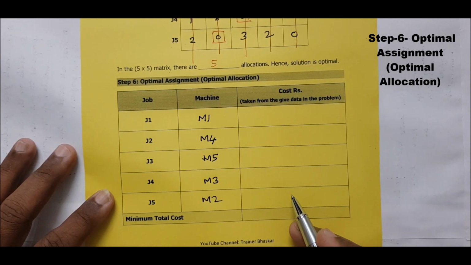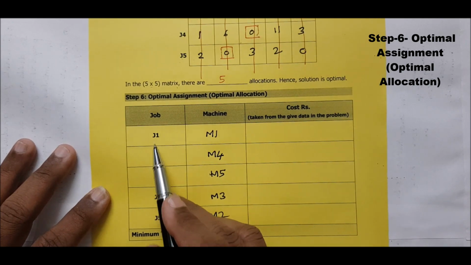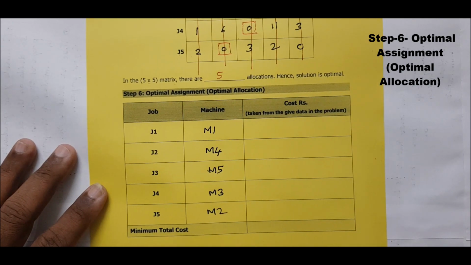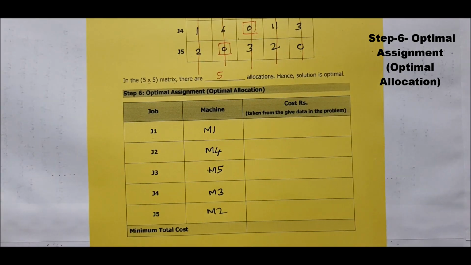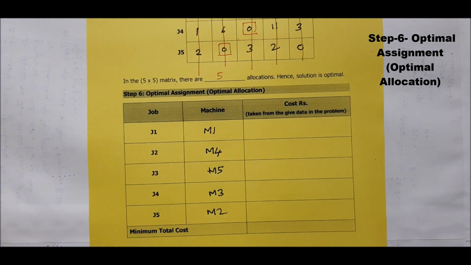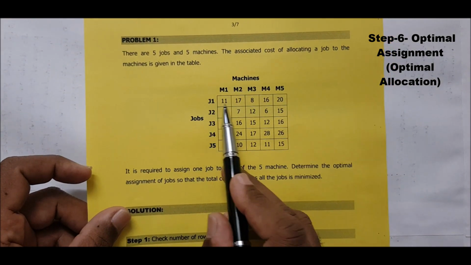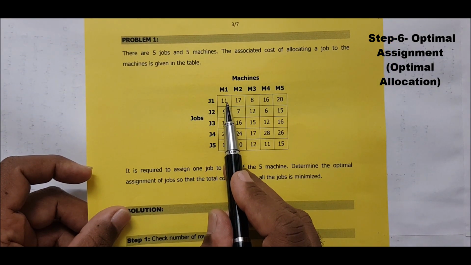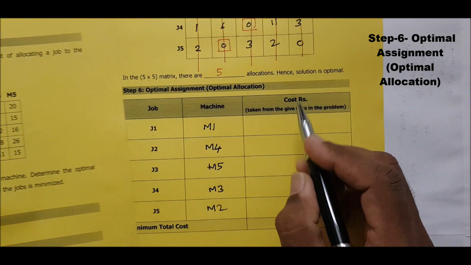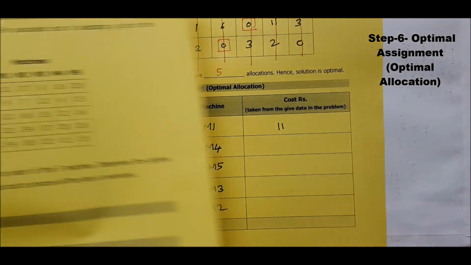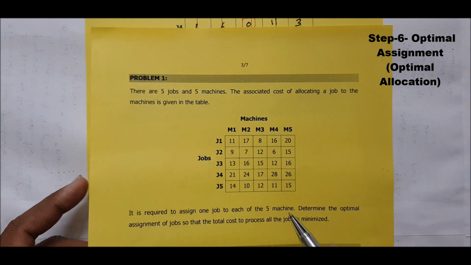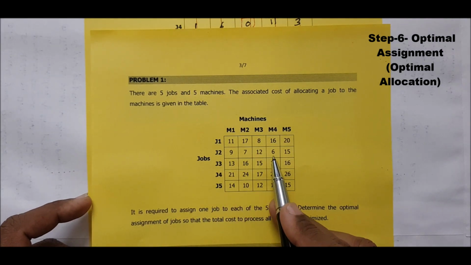What is the cost associated with allocating job 1 to machine 1? See, that you cannot get from the previous table. That you have to go to the problem. See, job 1, machine 1, the associated cost is 11. This 11 only, I will put it there, 11. Next, job 2 to machine 4, cost is 6.